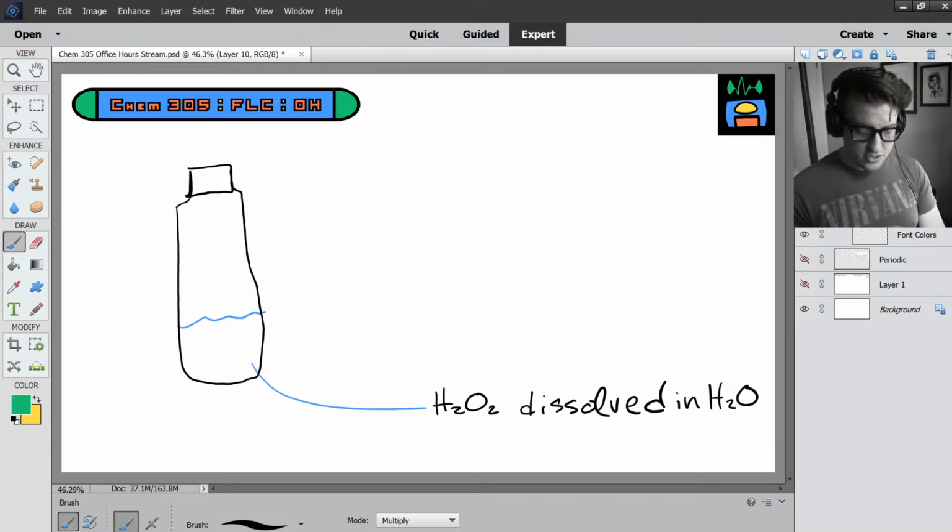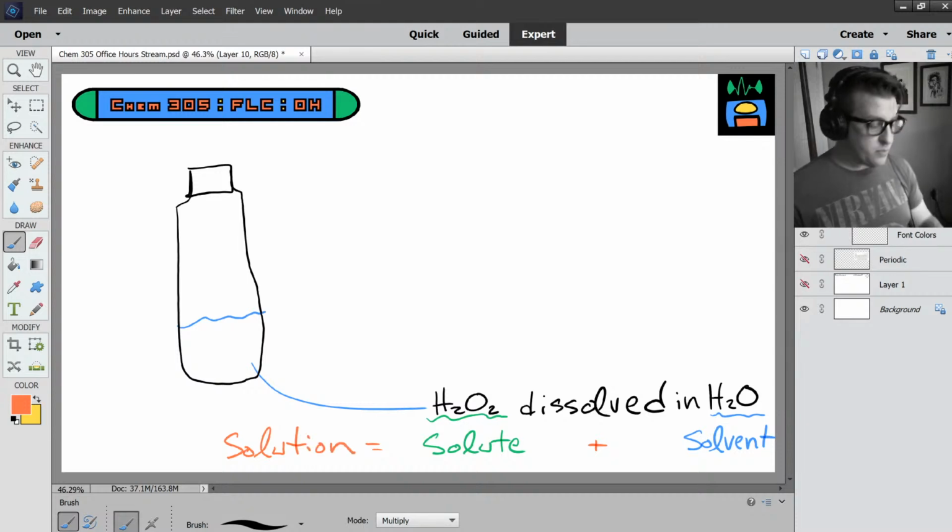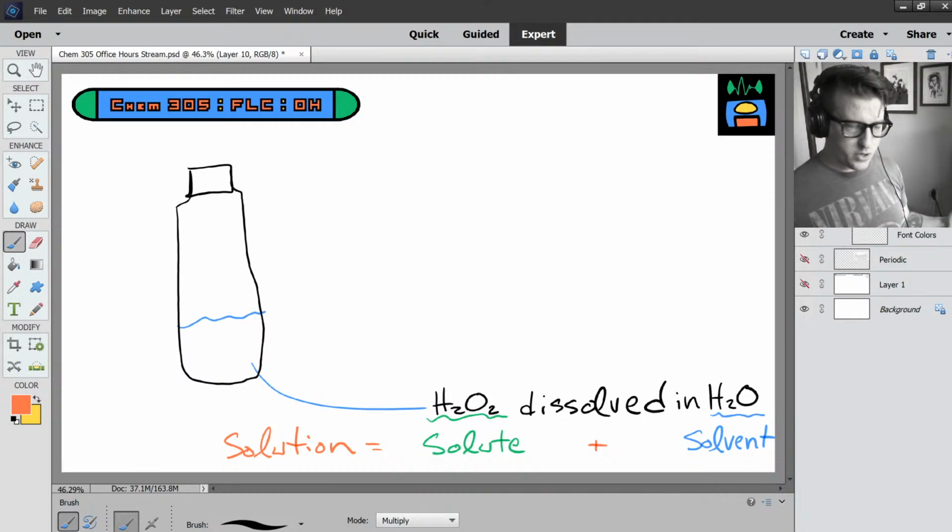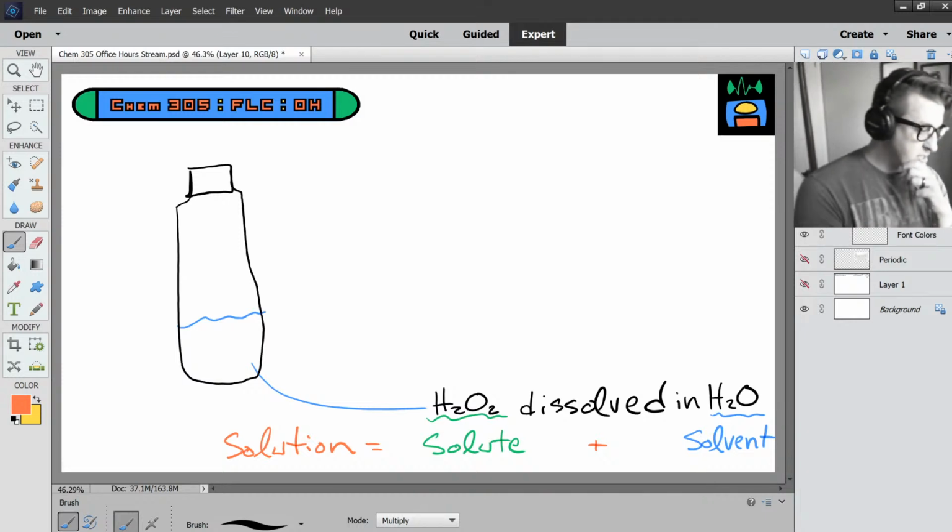The hydrogen peroxide is what's called the solute, and the water is called the solvent, and together the solute and the solvent are a solution. They refer to it in question 2 as the hydrogen peroxide because that was the solute in the solution, but the solvent of that solution is water, so it is an aqueous solution. It's a solution of water with hydrogen peroxide dissolved in it.